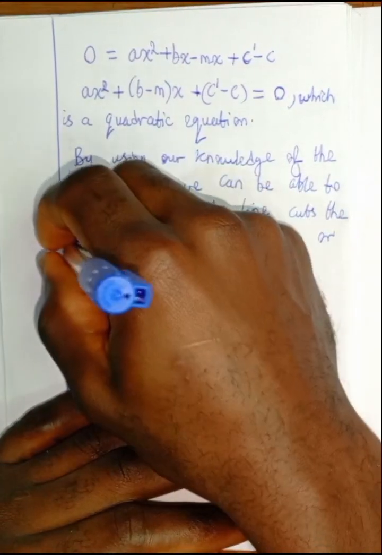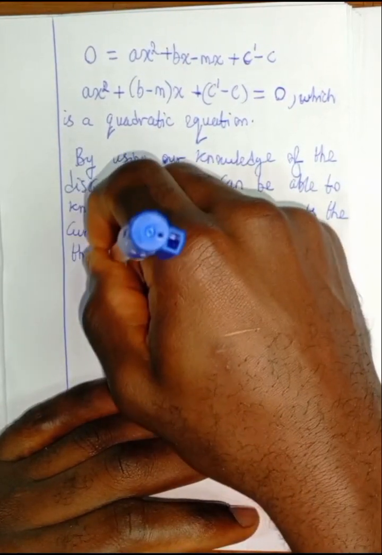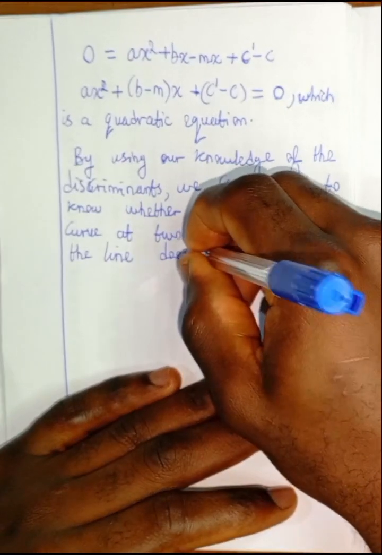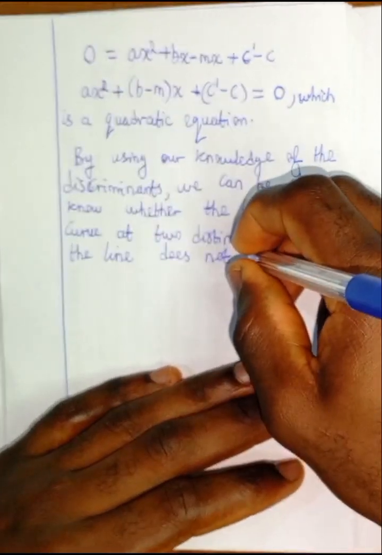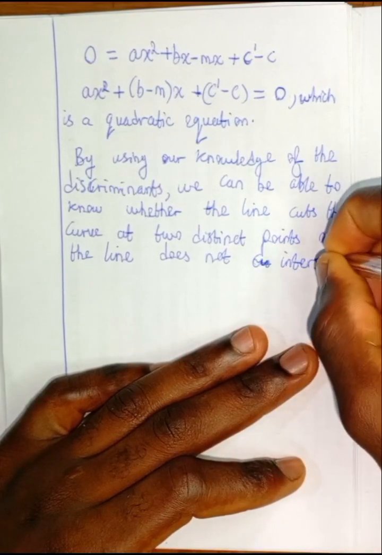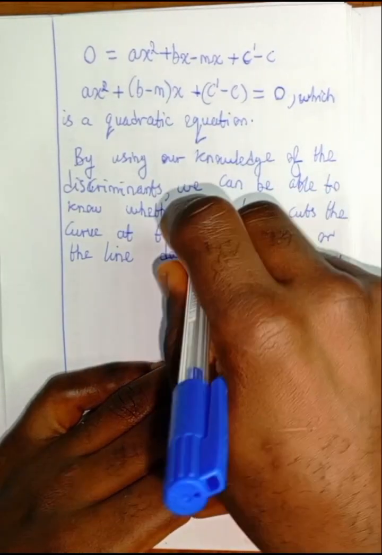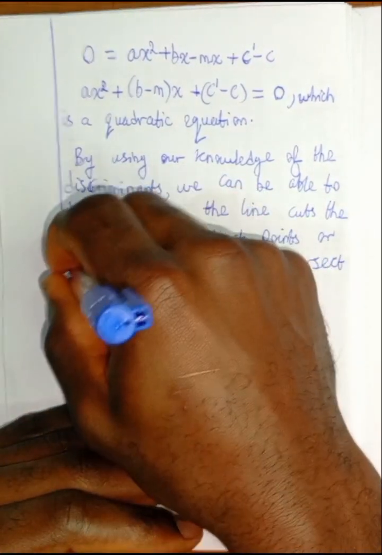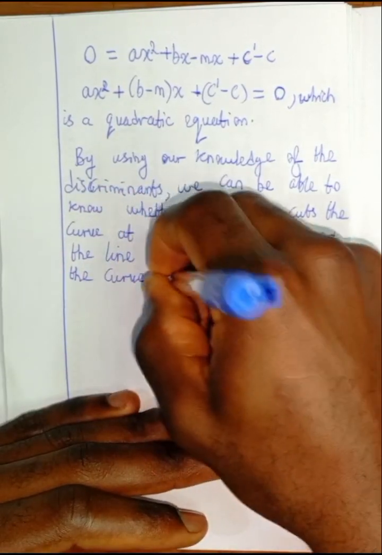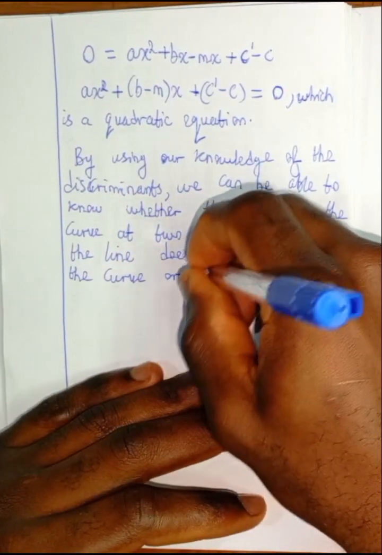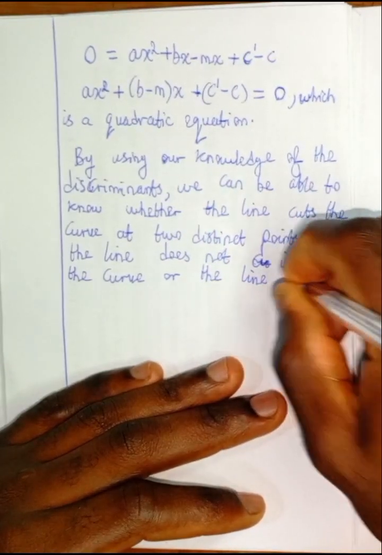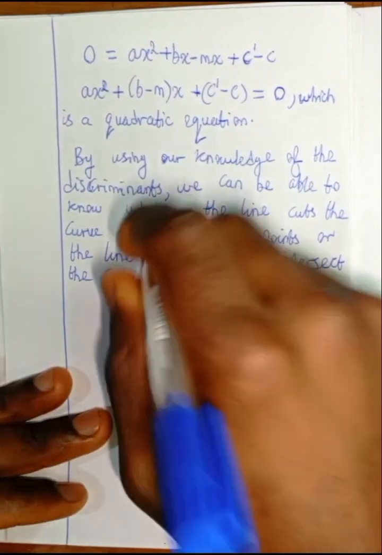or the line does not intersect the curve, or the line is a tangent.